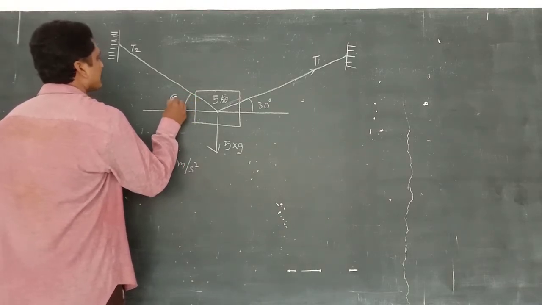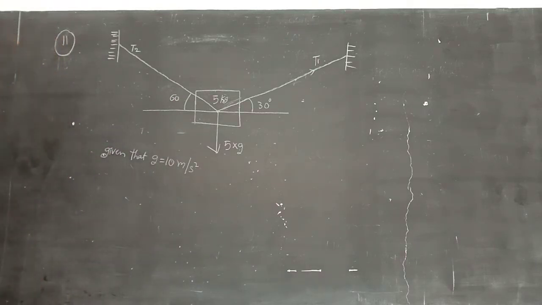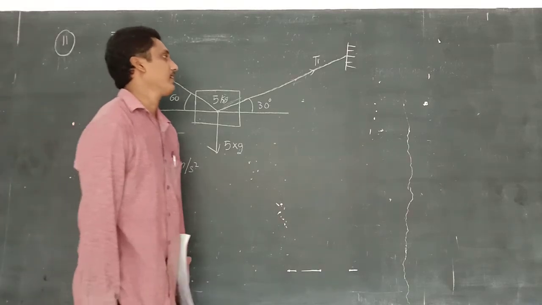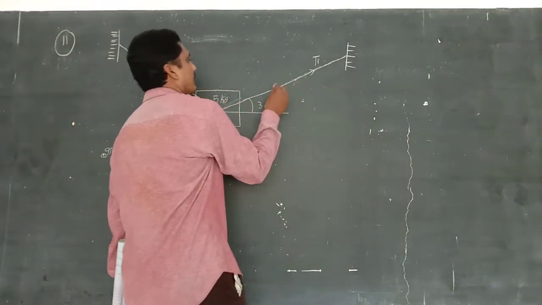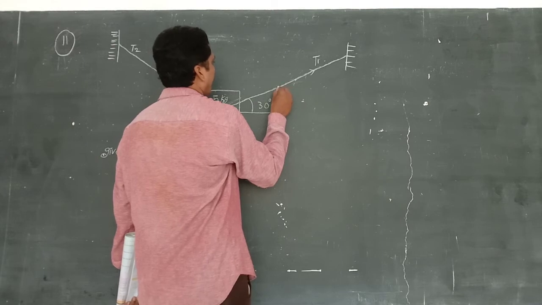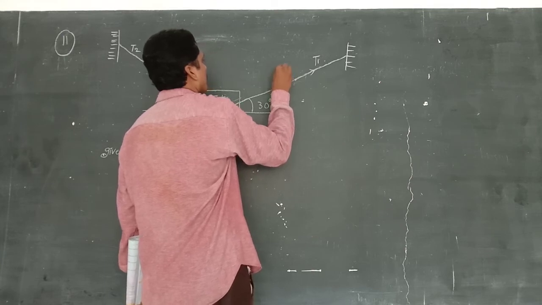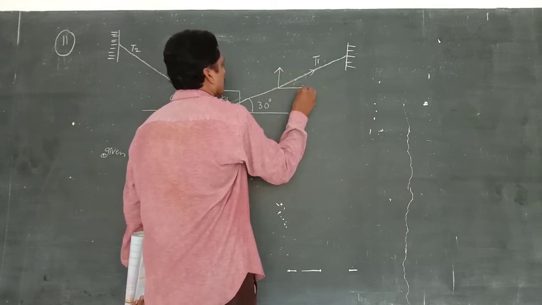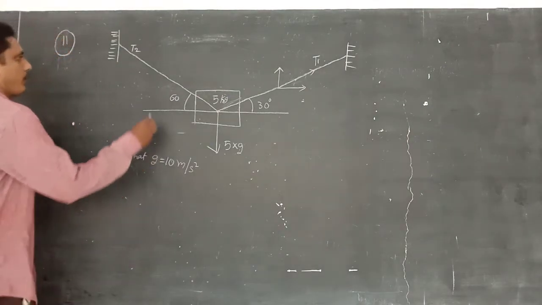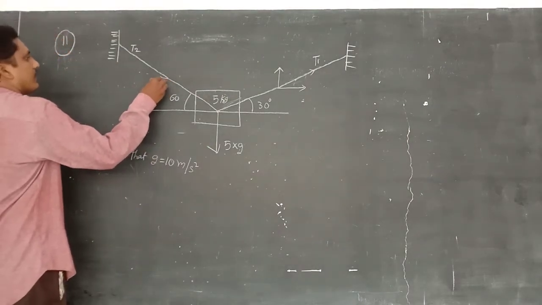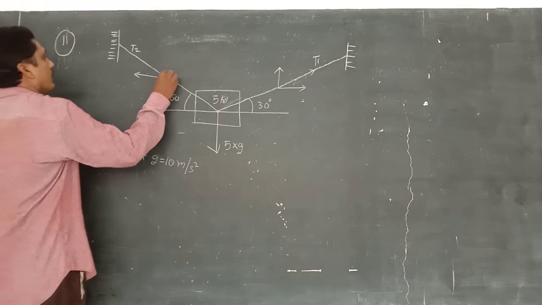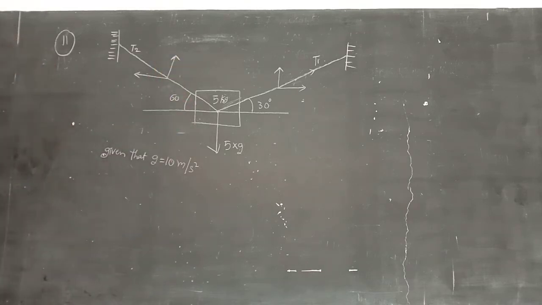The tension in the string acts as two rectangular components: one is the horizontal component, the other is the vertical component.